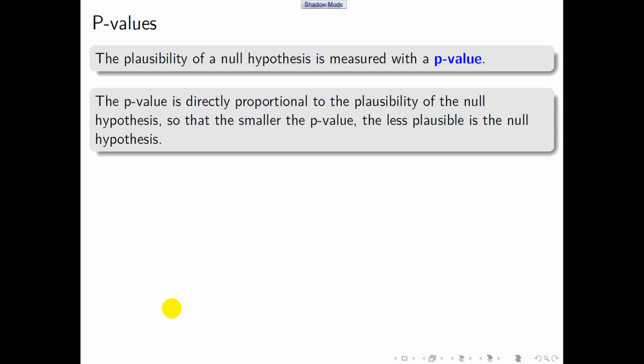For example, you're given some null hypothesis, you calculated the p-value, and this is equal to 5%. For another null hypothesis, you calculated the p-value, and this is 1%. It means that your first null hypothesis is more plausible than the second one. So plausible means how much it is true.